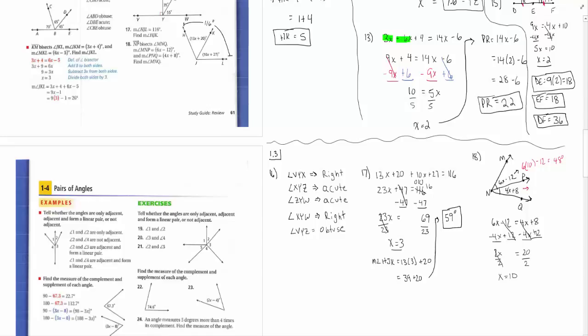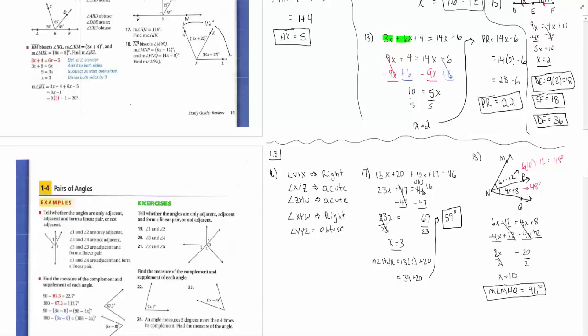This would be 4 times 10 is 40 plus 8 is 48 degrees. So if I want to find the measure of angle MNQ, that's going to equal 48 plus 48, which is going to be 96 degrees. And that is section 1.3.